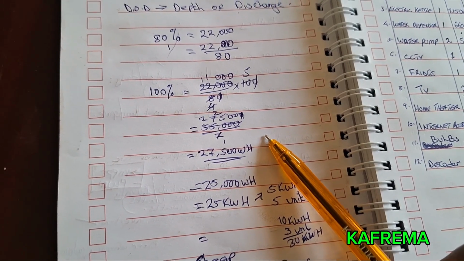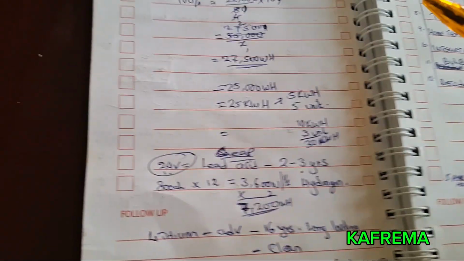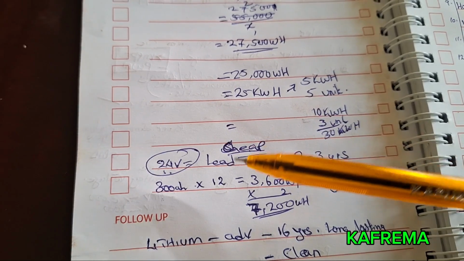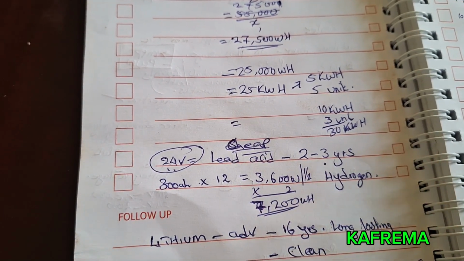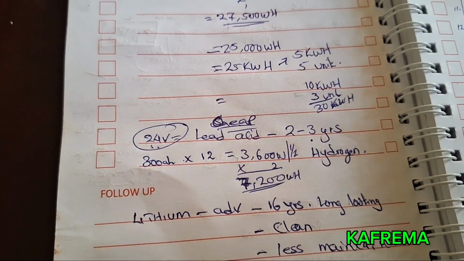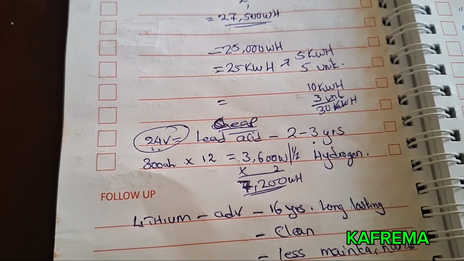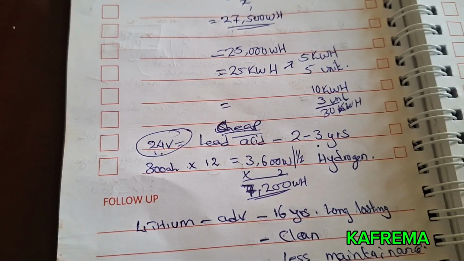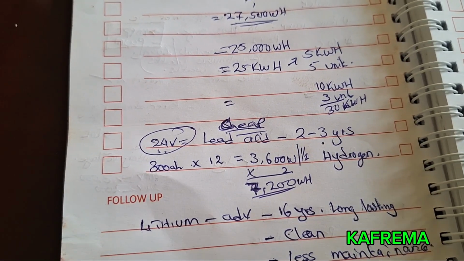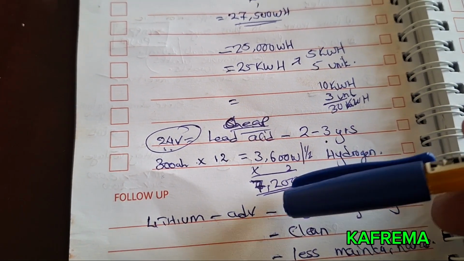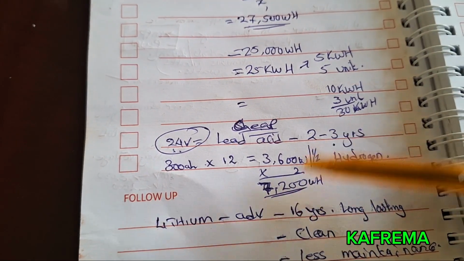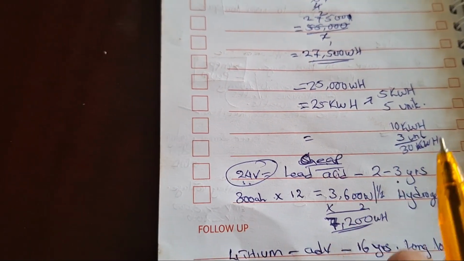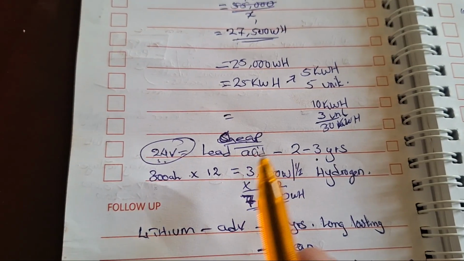Okay, I know we have understood each other. And we said there are two types of batteries: lead acid and lithium. Also we have sodium, but sodium is not yet very common. I hope, this being the year 2026, that maybe as the year progresses, since we have seen it being produced for EVs, that is electric vehicles, it will be available very soon for solar.